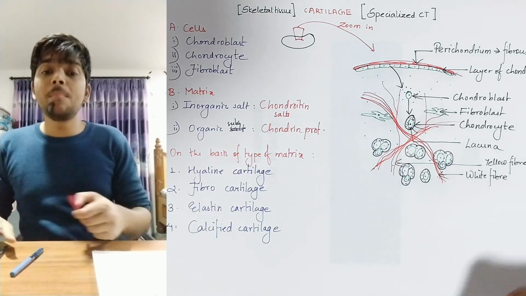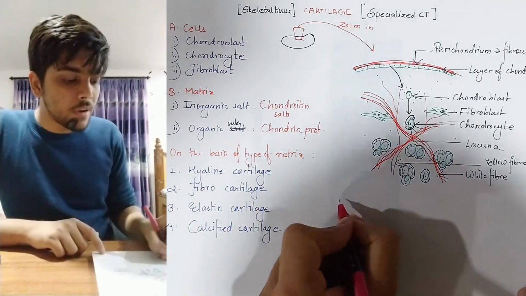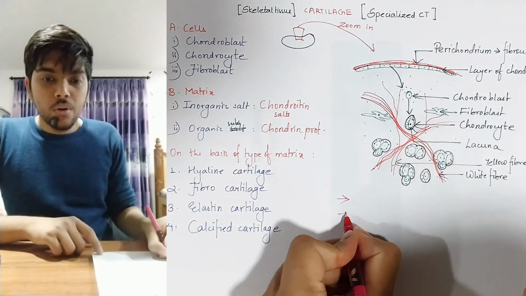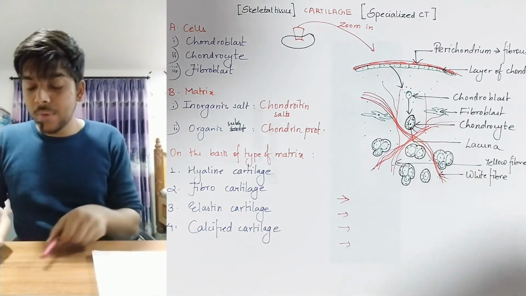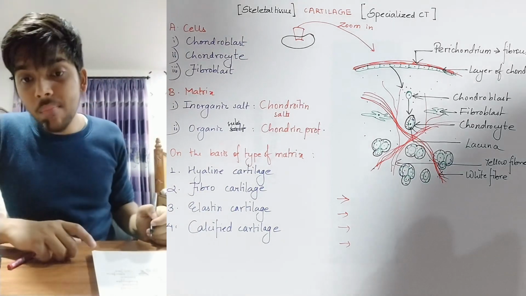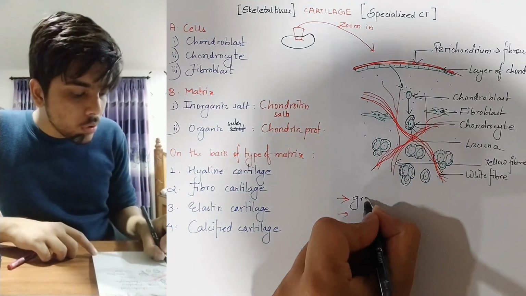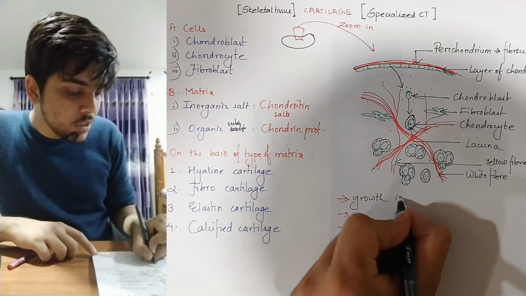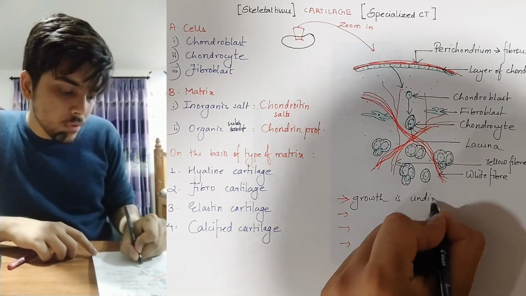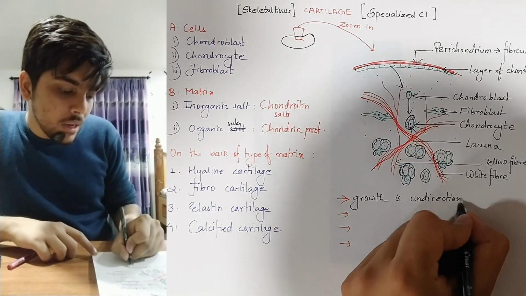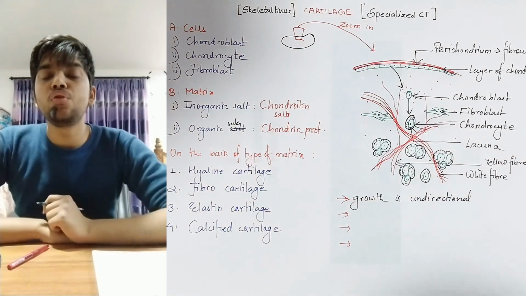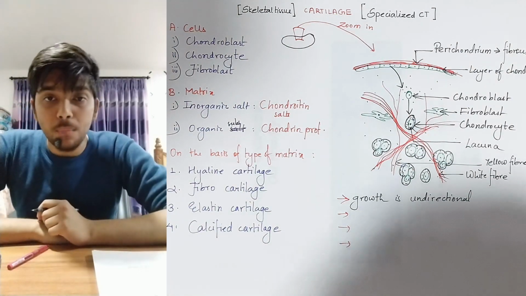So let's look at some of the basic properties of a cartilage. 4 basic properties. Basic property number 1. Growth is unidirectional. What does that mean? In case of bones, there were 2 layers of osteoblast.